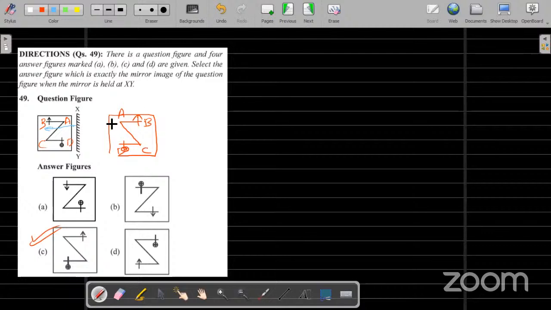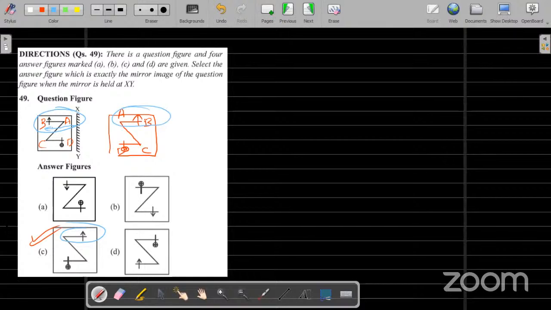In the mirror image also it will be like that. A is closer to the mirror and B is moving away from the mirror. And there is an upward arrow at point B. Only that line has to be taken. After getting that line, we can come to the conclusion that the option is C only. No need to complete the diagram. If you can complete the diagram, that will be fine.